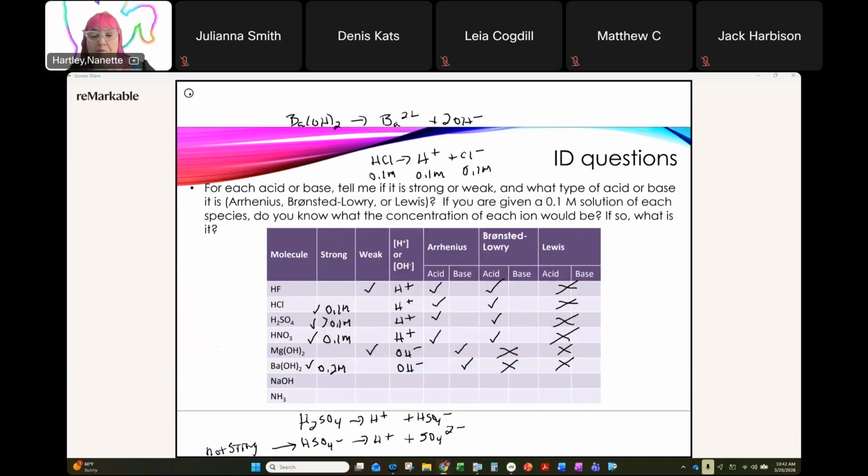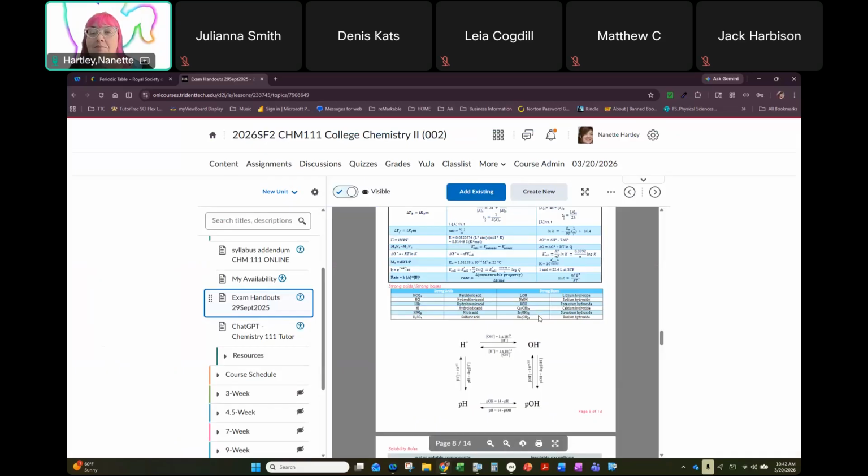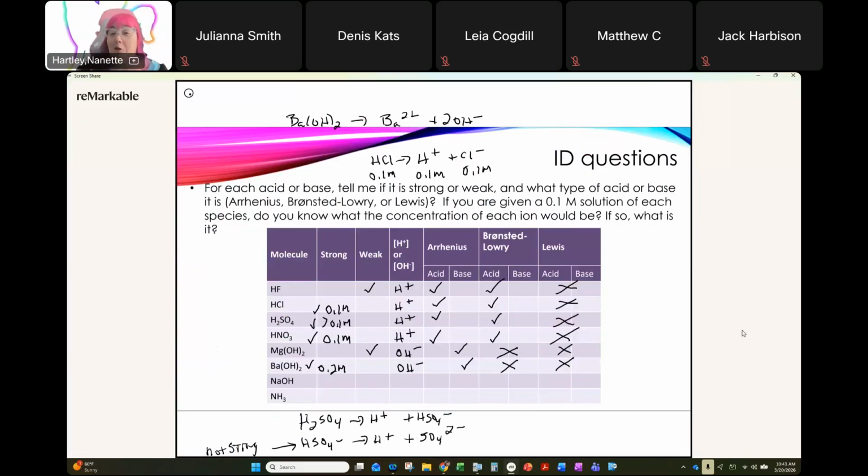When I pull this back up, it is not on this list, and therefore I don't know what that concentration is, because it has limited solubility. And yes, that is a reminder: go and check and see if it's strong and then determine what happens, because that's really how you should be doing it.